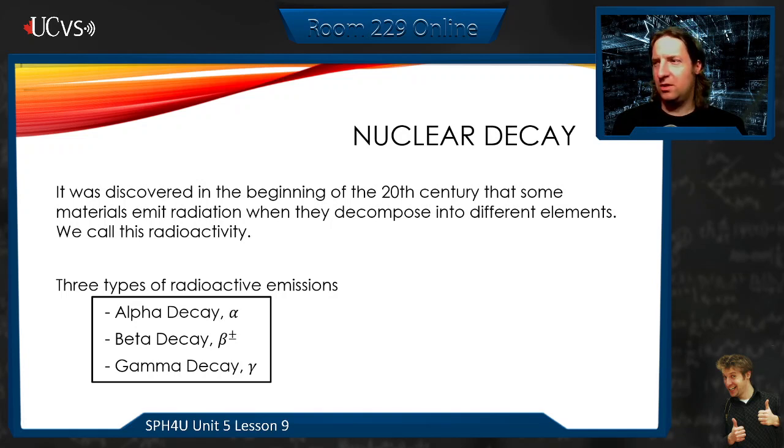Things were coming off of this material, and they called them things like N-rays and X-rays. Röntgen called it an X-ray. And from our modern view, there are 3 different types of things that come off of these materials: alpha decay, beta decay, and gamma decay.